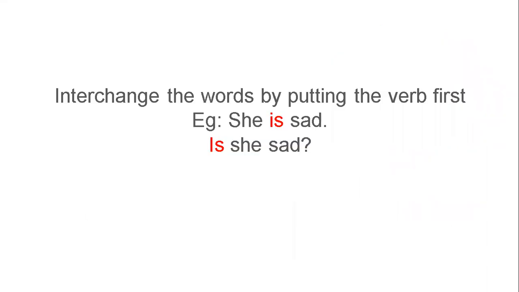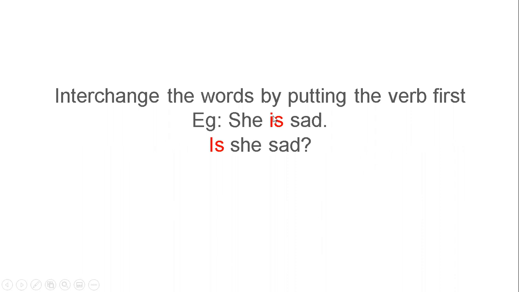First thing, the first rule that you need to remember: interchange the words by putting the verb first. You need to know what the verb is. Verb meaning the word that shows action. So if you look at this sentence, she is sad, the verb is "is". So now you just have to interchange the words.